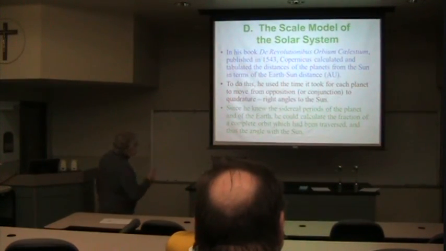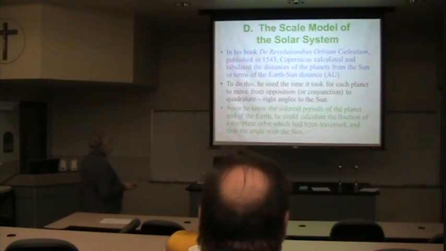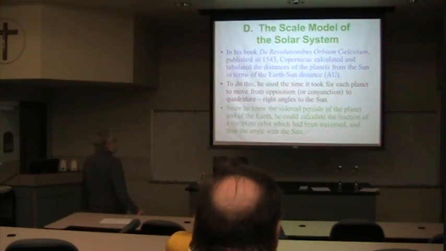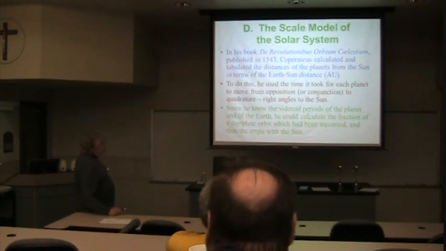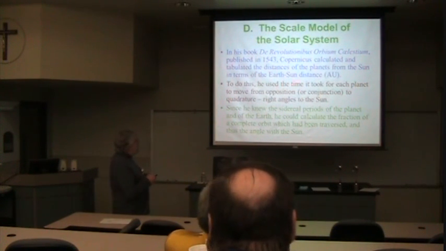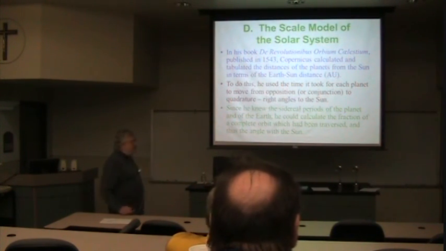Okay, Copernicus in 1543 had his famous deathbed book published, De Revolutionibus Orbium Coelestium, about the revolutions of the celestial spheres. He calculated the distances of all the planets from the sun in terms of the Earth-Sun distance, known as an astronomical unit.